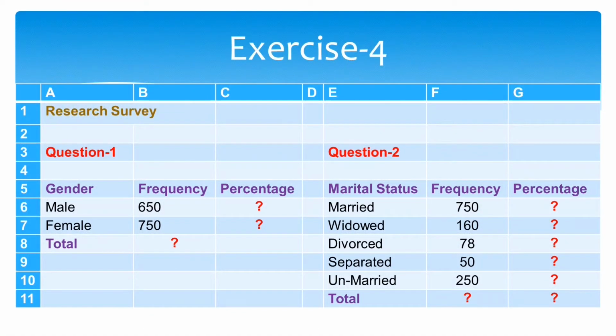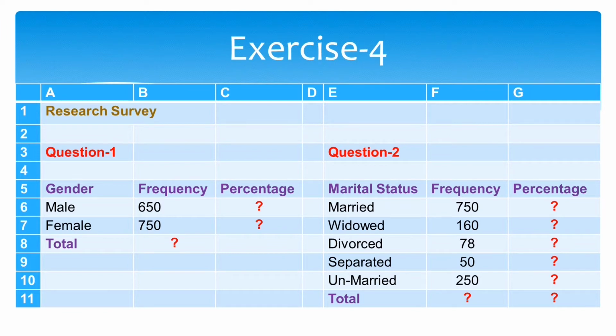On screen you can see we want to do another exercise that demonstrates various features of Excel. Here is an exercise that demonstrates a research survey. Here we are asking the user two questions.